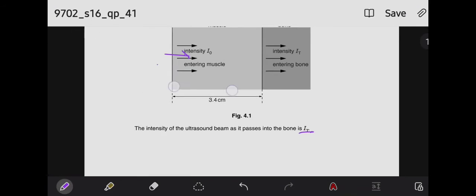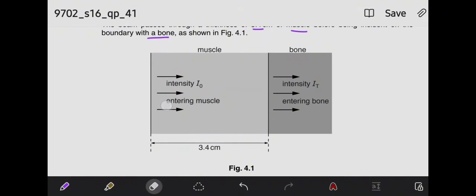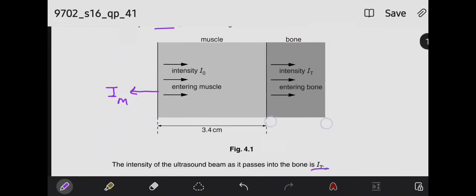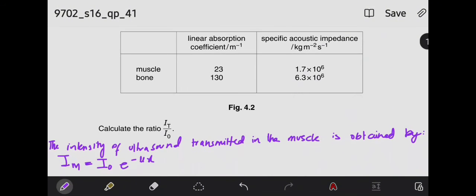So if I tell you through the diagram, obviously I naught is the intensity that is going in the muscle, and I_M is the intensity of the ultrasound that has been transmitted in the muscle. And this mu is the linear absorption coefficient.